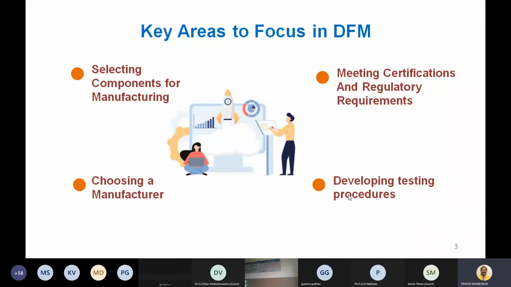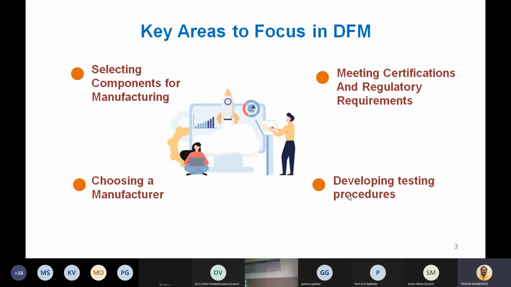Also, if you do not select proper components, the cost of your product may be very high. Then we need to select a proper manufacturer, because it will provide you a good supply chain and good inventory of your components, so that whatever manufacturing or testing you are doing for your product, you can easily do within the stipulated time period.